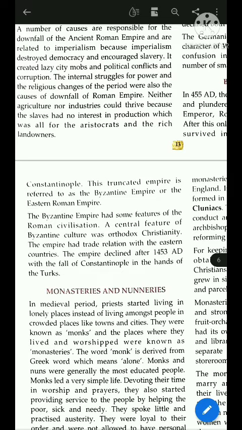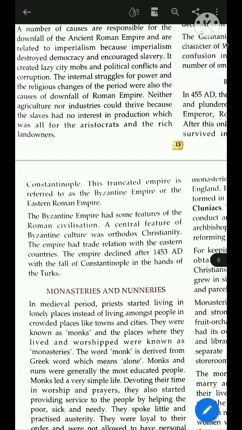The truncated empire is referred to as the Byzantine Empire, and the remaining part of this empire was called the Byzantine Empire, or the Eastern Roman Empire.